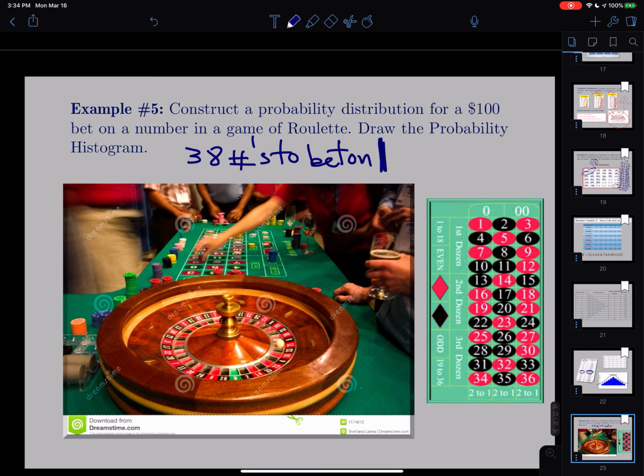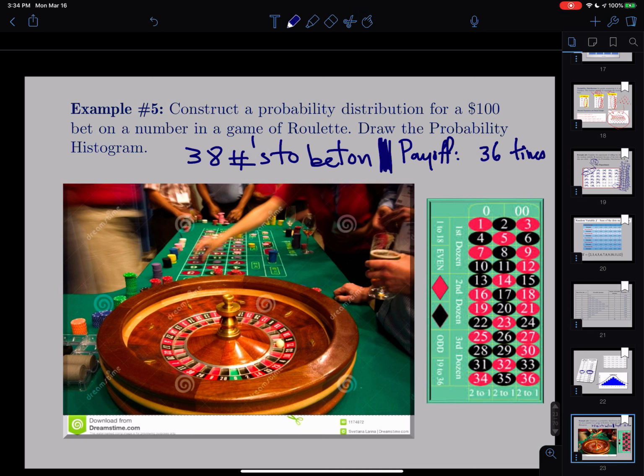And the payoff is 36 times, which means you could bet on numbers between 1 to 38. Well, it's actually 1 to 37 and 0 and 00, basically 38 digits or numbers to bet on. And then for every dollar you bet, if you win, you win 36 times that amount.